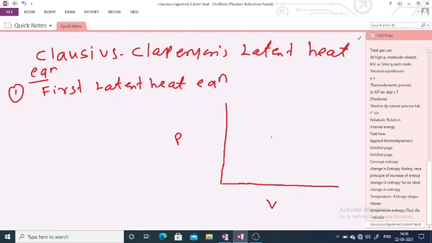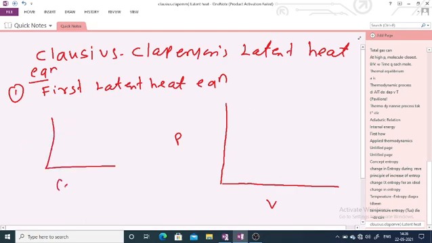He performed the experiment on CO2, and according to this, CO2 exhibits three states. This is the gaseous state, this is the liquid state, and this is the liquid plus gas region.